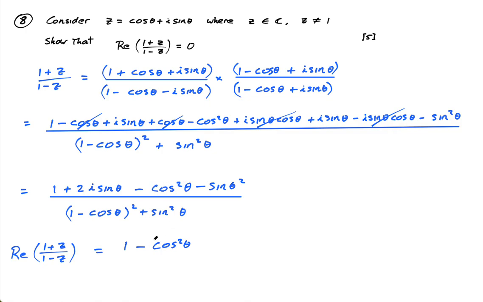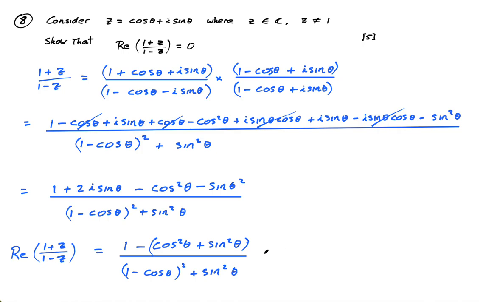I'm going to take out that minus 1, so it's minus cos squared theta plus sine squared theta, all over this same thing, 1 minus cos theta squared plus sine squared theta. I don't have to do anything with this denominator. I don't have to multiply it out or anything, because it's just the denominator. If I can show that this is 0, then we're all good.